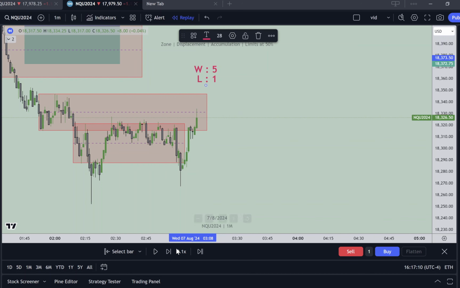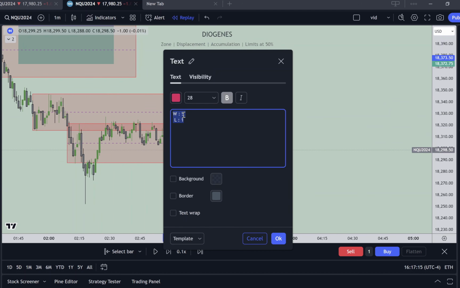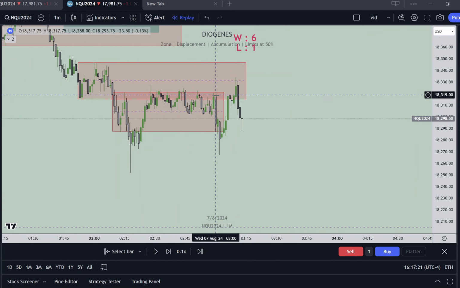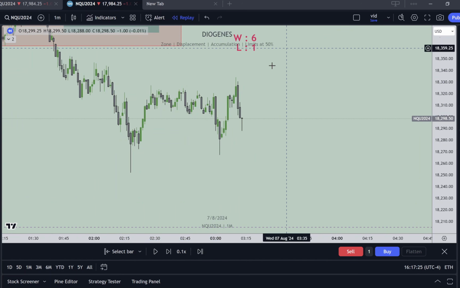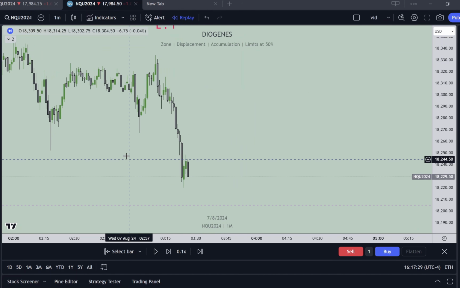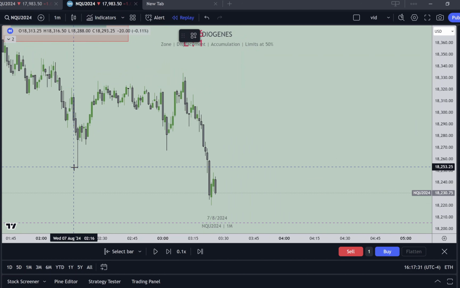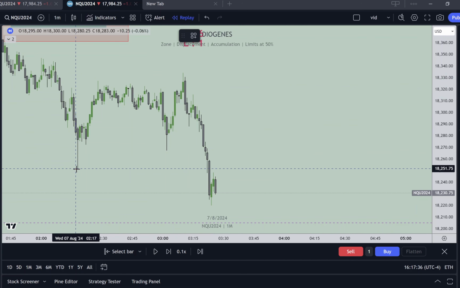So we're tagged in and our sixth one. Let's delete now these zones. So now weak low is this and projection high is this one.